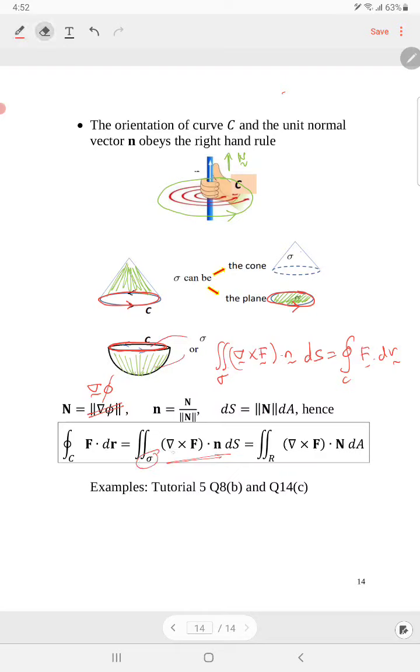To evaluate that, we project our surface sigma onto a region which is either on the xy plane, xz plane, or yz plane, and the unit normal vector times dS will be replaced by the normal vector times dA. The technique is to find del cross F first, then find the correct normal vector, dot the two vectors, and then integrate over region R, which is the projection of your open surface sigma.